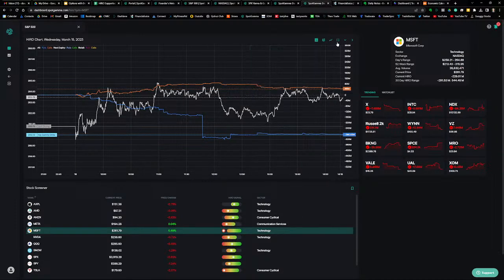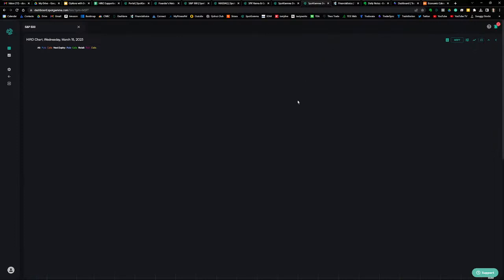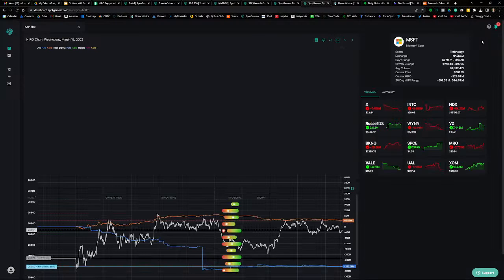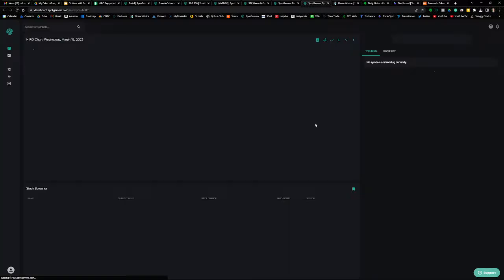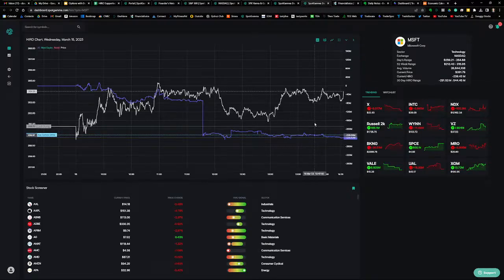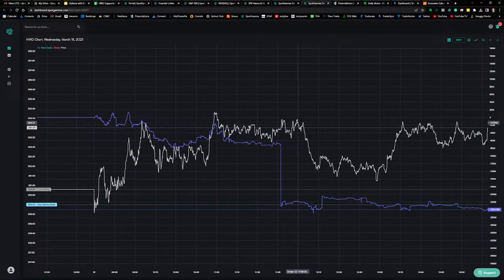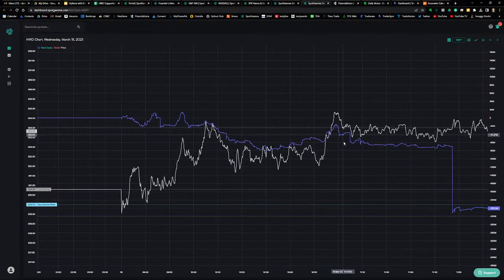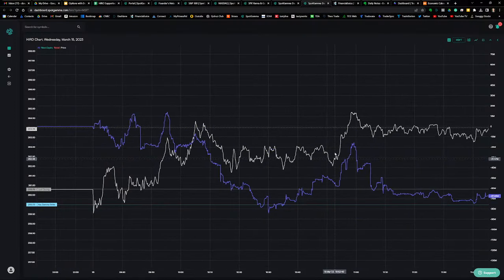So what I'm going to do is, not sure what happened there. All right, we're back to Microsoft. What I'm going to do is zoom so that that large block trade is off the screen.